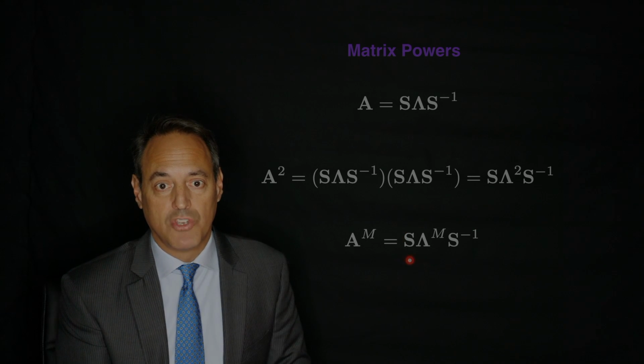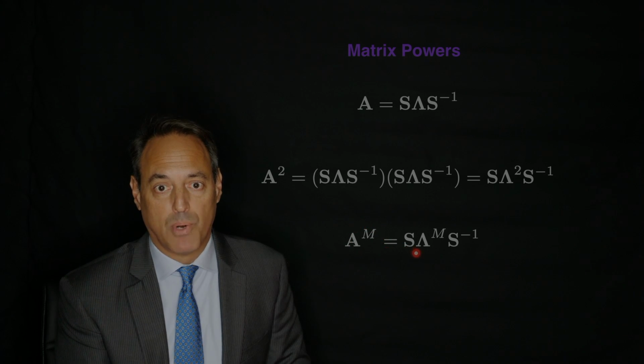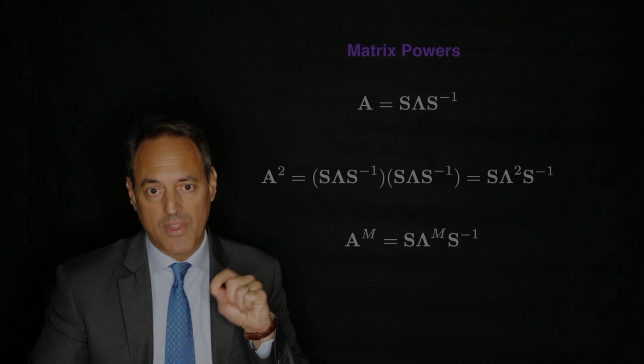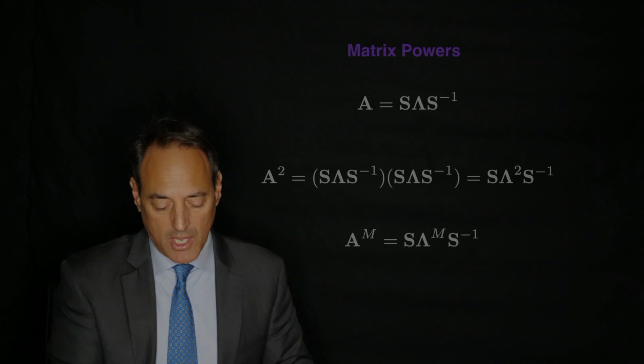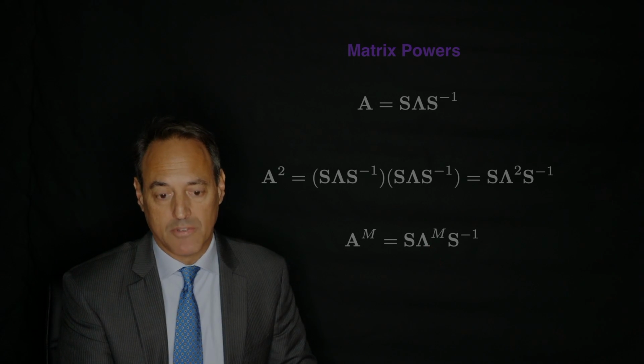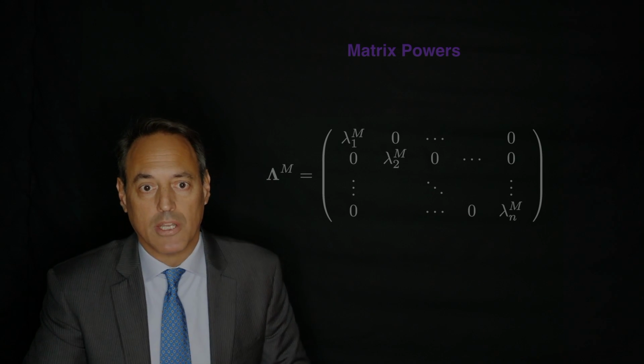So it looks like what you've done is you just traded out multiplication of a matrix m times by a different matrix m times. But that lambda matrix is diagonal, and that makes all the difference because computing this is very cheap, inexpensive, and trivial. In fact, here it is.